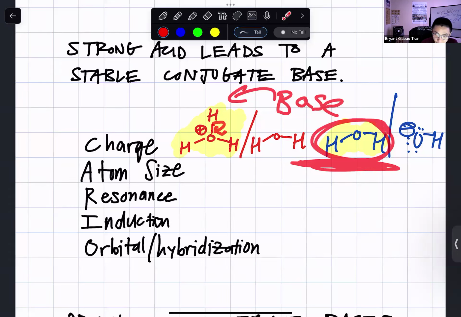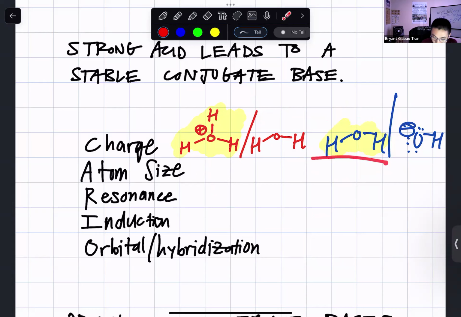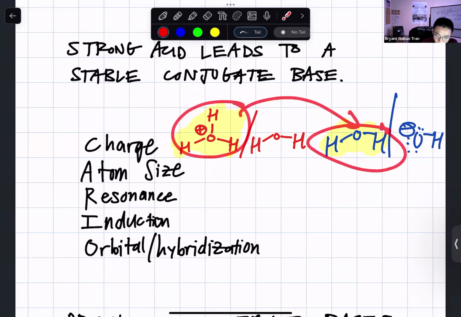It's happy to stay in this form and is not going to go backwards, because it's already stable. Making this a strong acid, because it's able to be deprotonated to something stable.